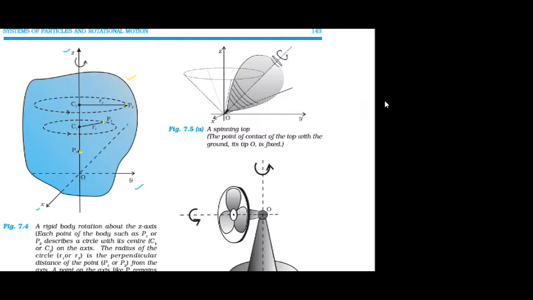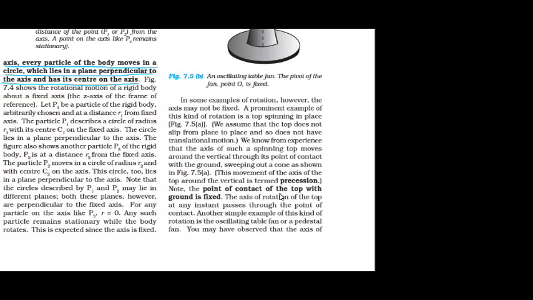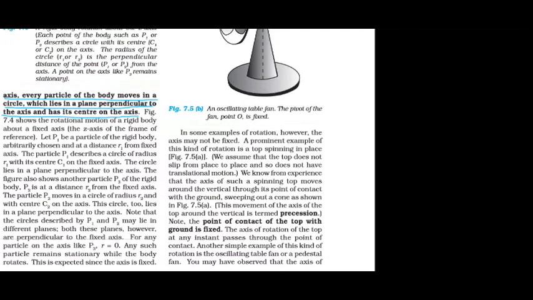Let us move forward. So what did we understand? We understood from this paragraph that all the points which are not lying on the axis of rotation, that is the z-axis, are moving, but any point lying on the z-axis will not move while the body is rotating.